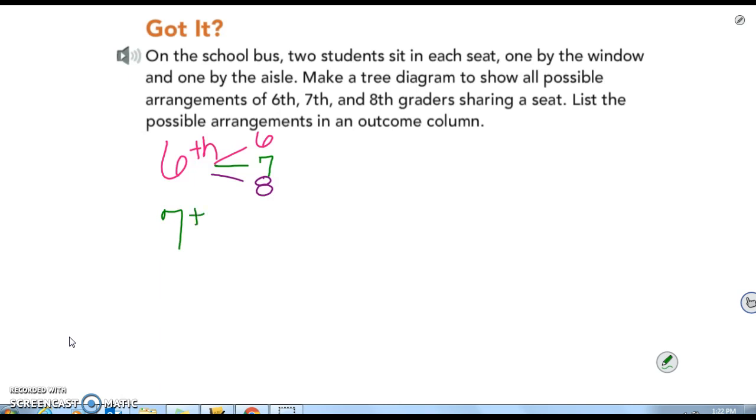We could have a 7th grader that sits with a 6th, 7th, or 8th grader. And we could have an 8th grader that sits with a 6th, 7th, or 8th grader.